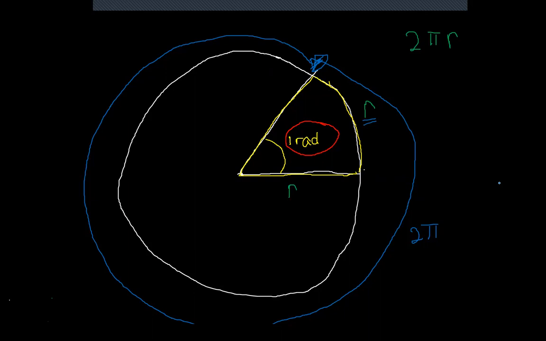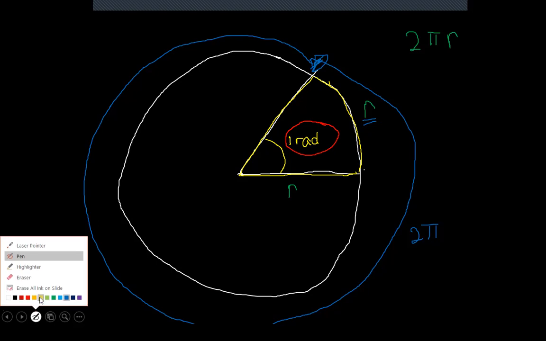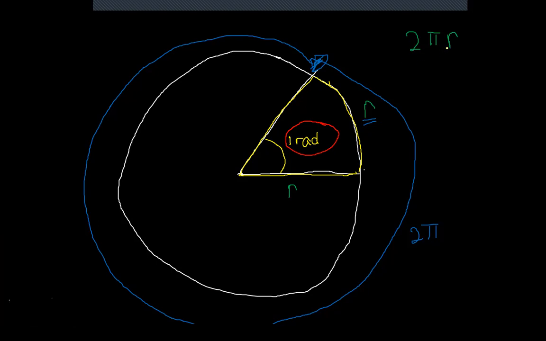But how exactly did they get that? Well, if we know that the circumference of a circle is given by 2 pi r, and we want to know how many times I can get an arc of length r in the whole circumference, then this is what they did. They said, okay, this is my circumference, 2 pi r, and I want to know how many times I can get this into this.